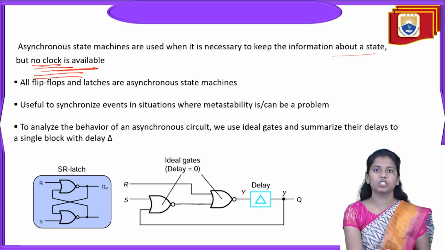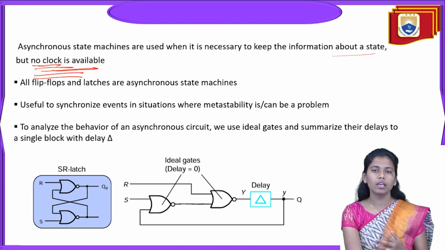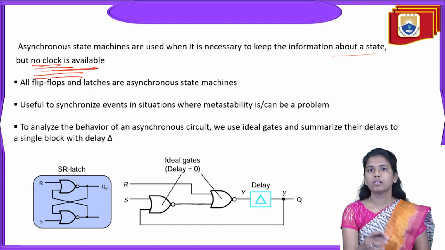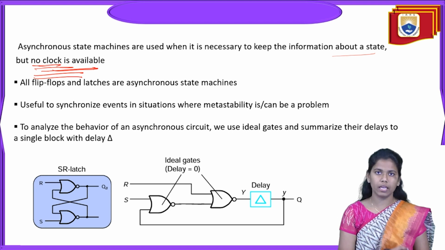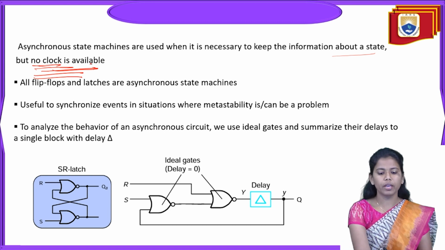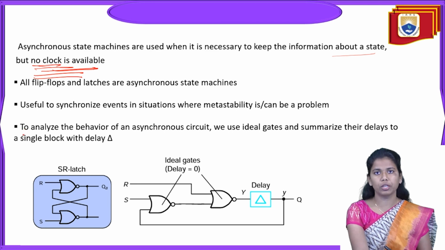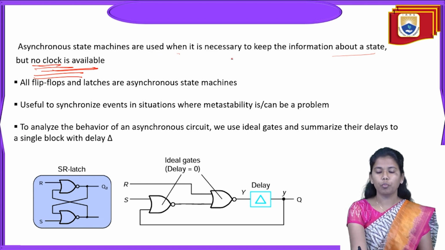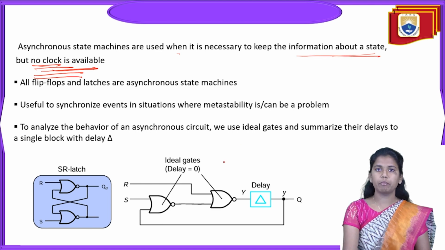So the execution or assumptions are not made with respect to memory elements. When there are no memory elements, obviously no clock signals are assumed. So asynchronous sequential machines are used when it is necessary to keep the information about a state.